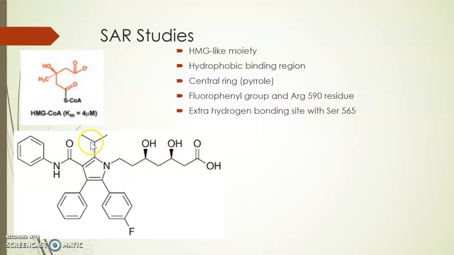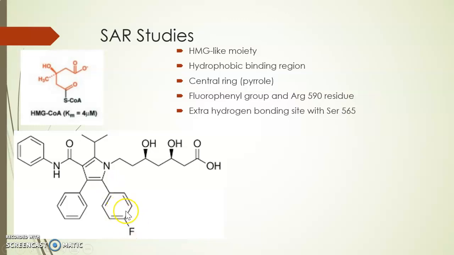Here is another small part, an isopropyl group, which has hydrophobic binding. Then we have our central ring, which is a pyrrole in this instance for this statin. It doesn't really have any binding importance. It's just important to keep everything at the distance that you need it.